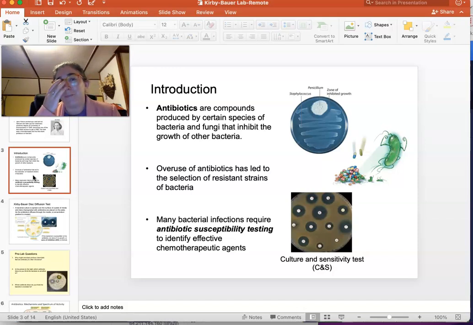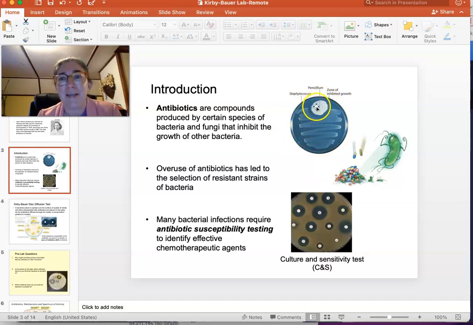So, we know that antibiotics are compounds that are made by microbes that antagonize other microbes or kill other surrounding microbes, first identified by Alexander Fleming, and this is not his plate, but an example of what his plate might have looked like.